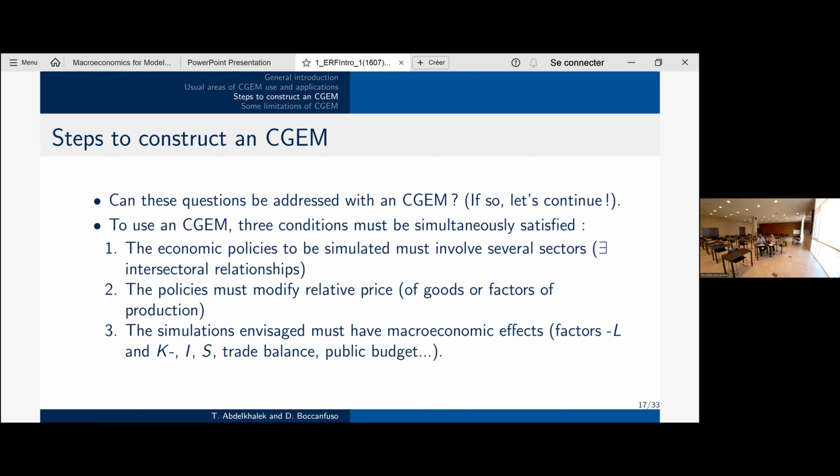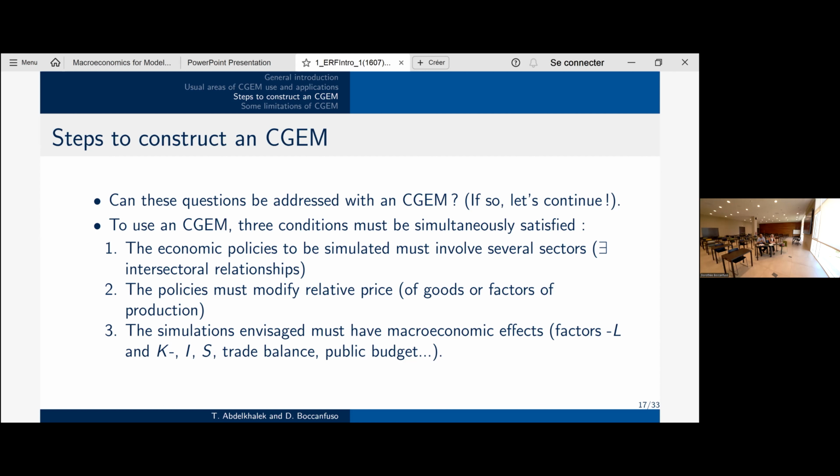I can give you another example where we cannot use directly a CGE model. If you have to put in place a policy in the health sector, to change something in the health sector, I don't know, residualization or something like that.